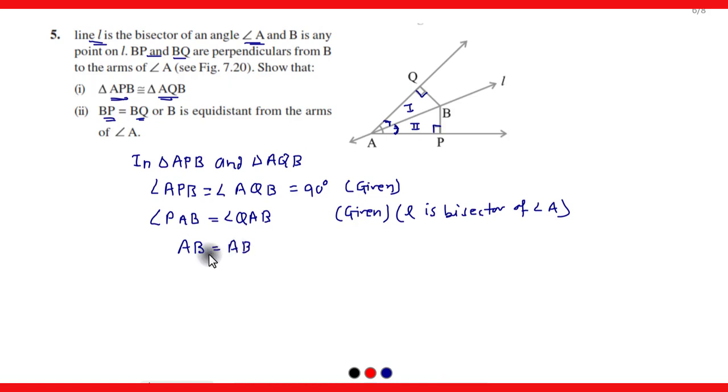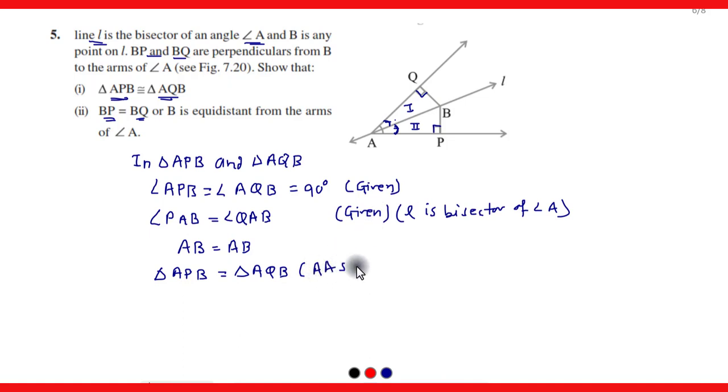AB is equal to AB because it is common to triangle 1 as well as triangle 2. So this AB is a side of triangle 1 as well as triangle 2, and therefore it is common, and so it is equal, and therefore triangle APB is congruent to triangle AQB. The reason is what?